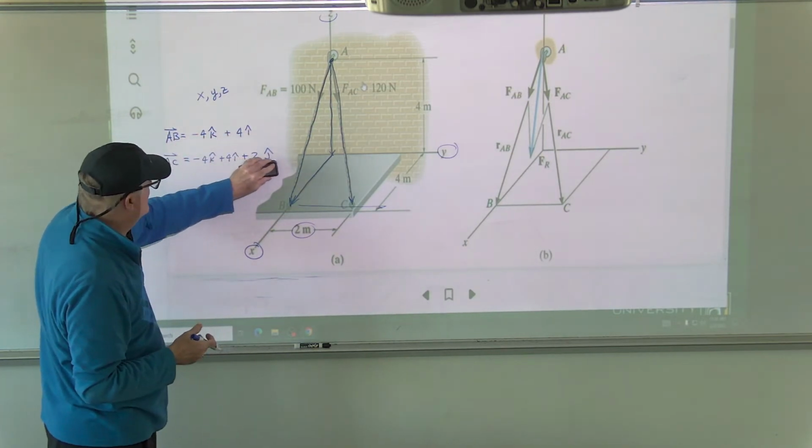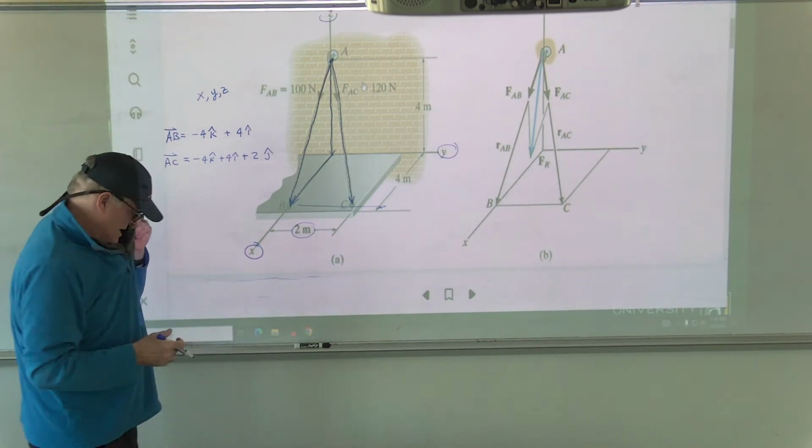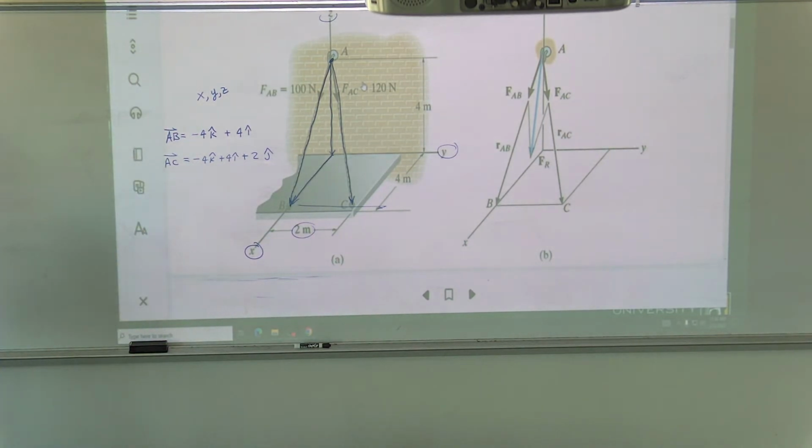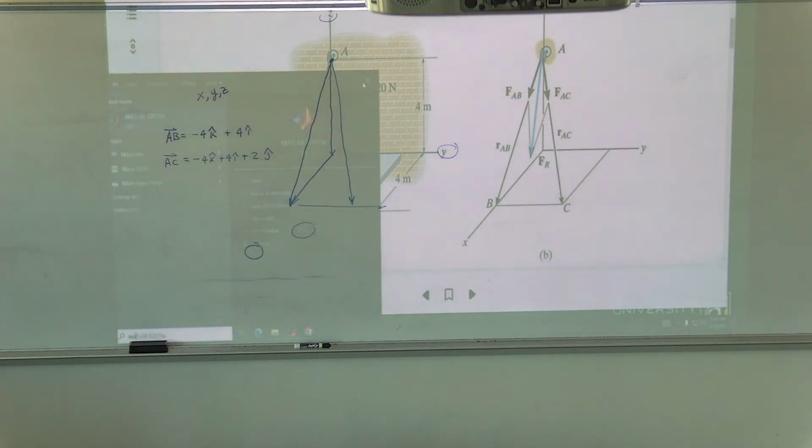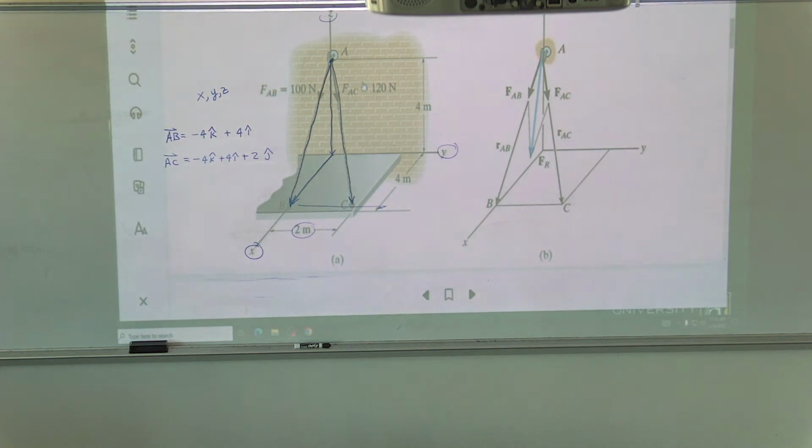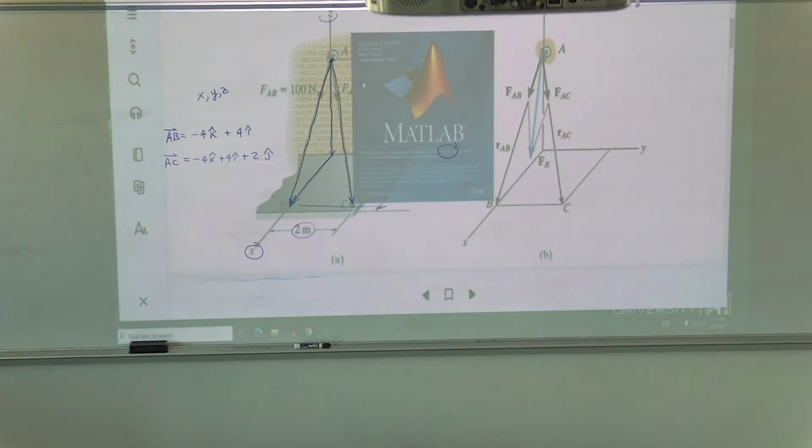So now, if you don't mind, I'm going to bring up MATLAB, and I'm going to put these in, and I'm going to talk about them, but I'm going to do the math in MATLAB. And we'll see why in a minute.